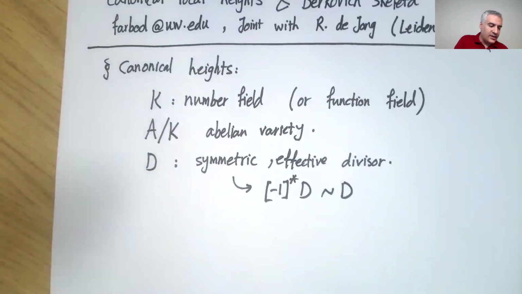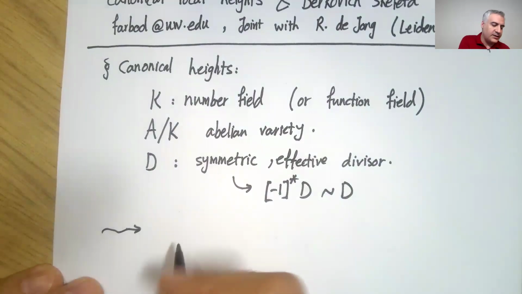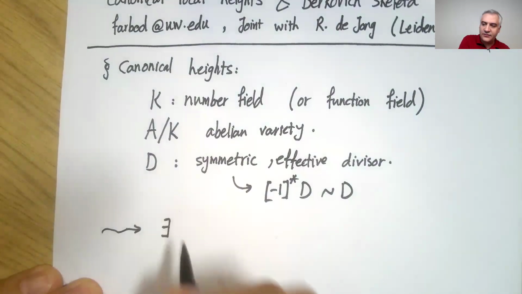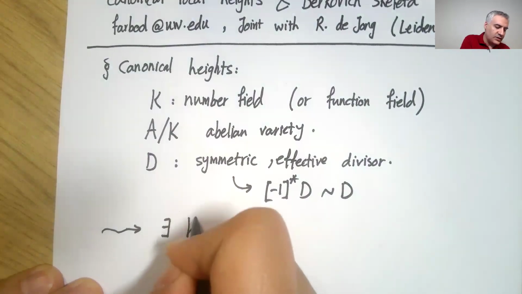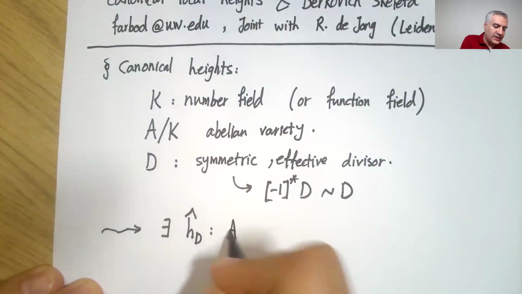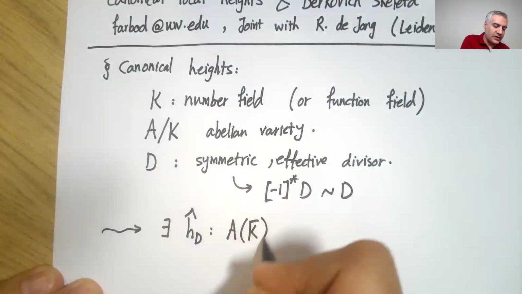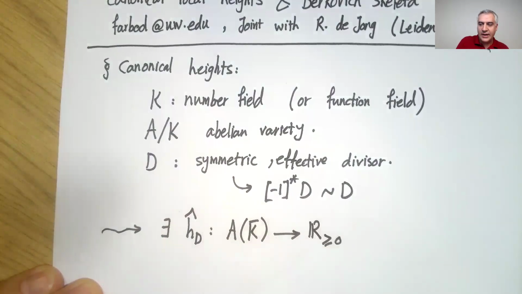Okay, to this data, there is something called the canonical or Néron-Tate height, and it can be defined at many different levels, but at the level of points, I'm going to use the notation h hat of D, which you can feed in points, even geometric points, and you get a real number, in fact a non-negative real number.